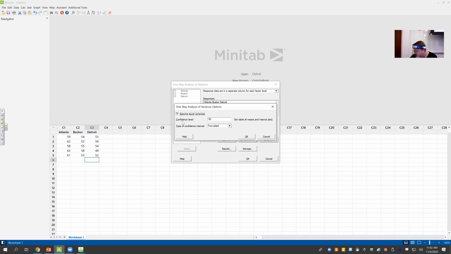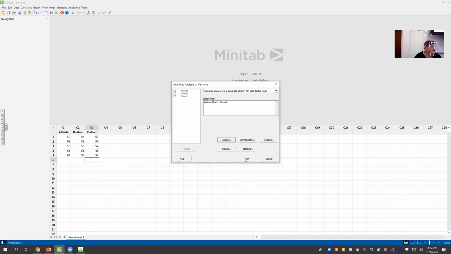Remember, that was one of the conditions or assumptions we were making. You have to choose your confidence level, and it will always be two-sided. We had 5% for level of significance, so that means a 95% confidence level, and it's always two-sided. I'm going to tell it okay, and then click OK again, and we're going to see lots and lots of results.